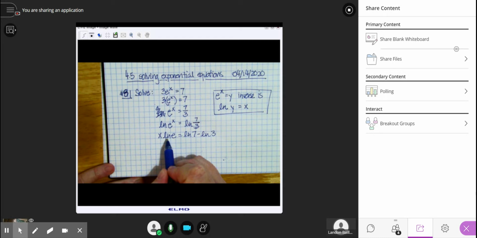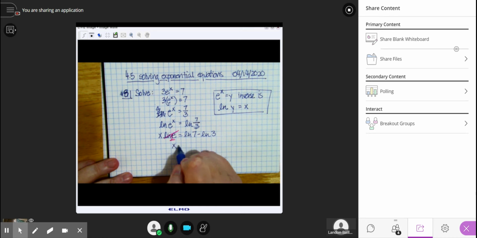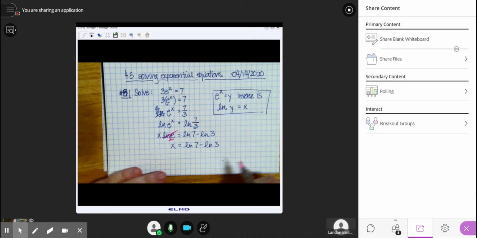And what do you know about the natural log of e? Yep, that is 1. So we just have x is equal to ln 7 minus ln 3. And then all we got to do is plug that in to get the number for x. This is our exact answer.